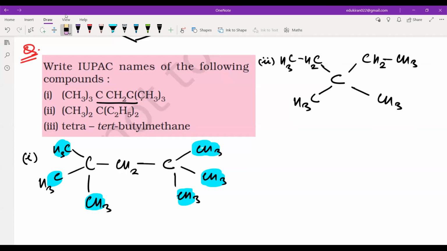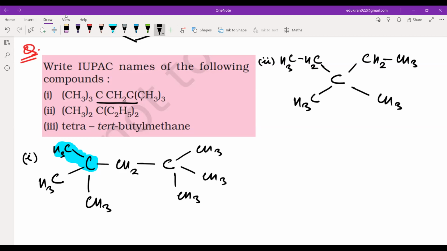First thing is that now you can choose at this point any of these terminals, because all of them are the same. So I will start from this carbon atom. Now, at this carbon atom, I have 2 different carbon atoms that I can go to.